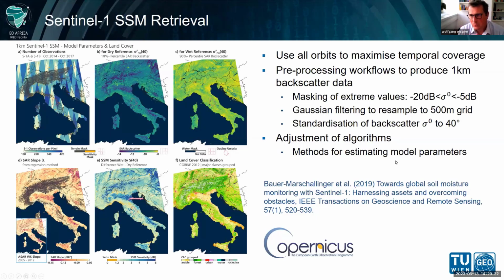We later adapted this method that we started developing for Envisat ASAR to Sentinel-1. While Sentinel-1 in principle is extremely well suited for soil moisture retrieval because it gives you a very good spatial and temporal coverage, particularly in areas like Europe, it has some challenges in order to actually apply the different algorithms.